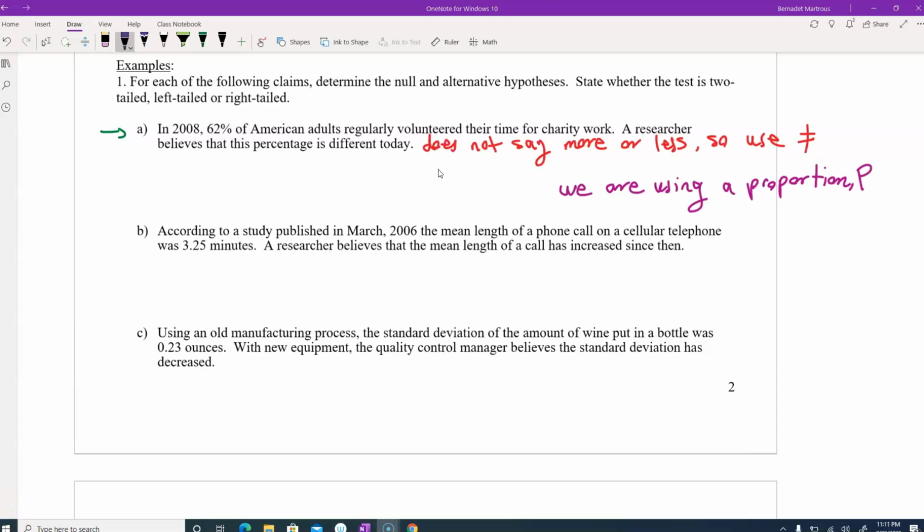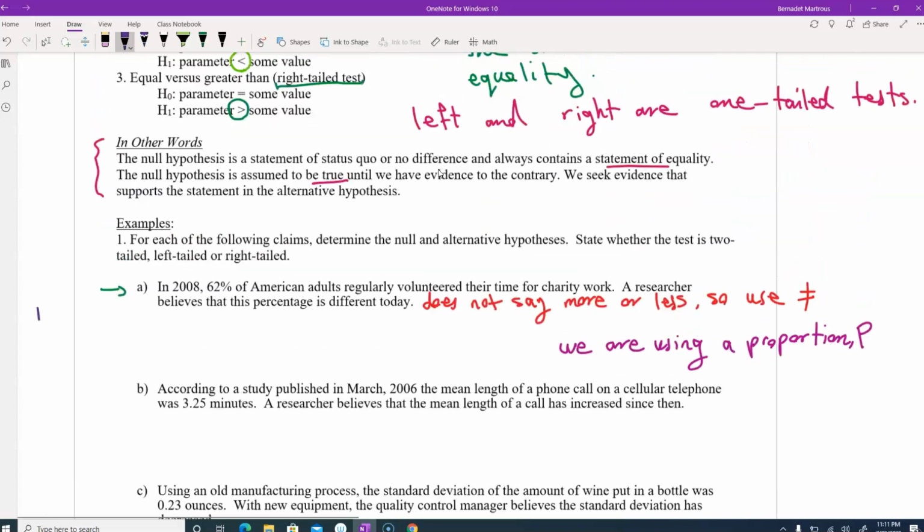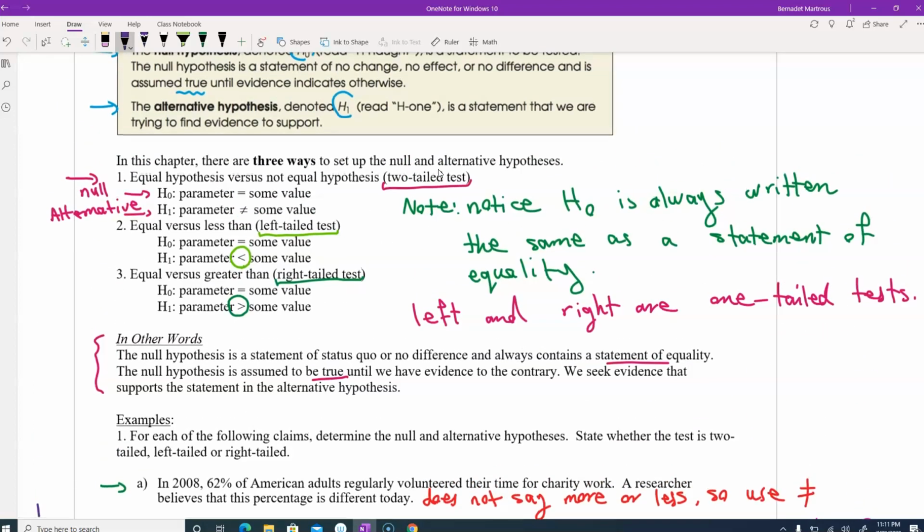Once again, we have a proportion, so we're going to use P for the parameter here. Here we have this parameter; we may have proportion, mean, standard deviation. It depends on what is given.